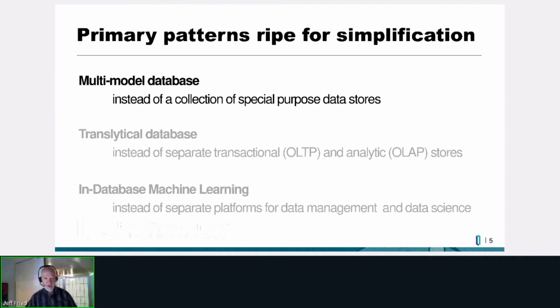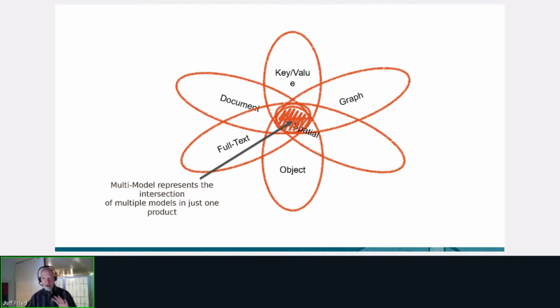So let's get into it first with the multi-model database. When I'm talking about data models here, it's a little bit different than what you might do in, let's say, an Erwin data modeler, which is all relational. There are different kinds of underlying data structures that are used for these different families, such as a document database, or something like Neo4j, which is a common graph database.